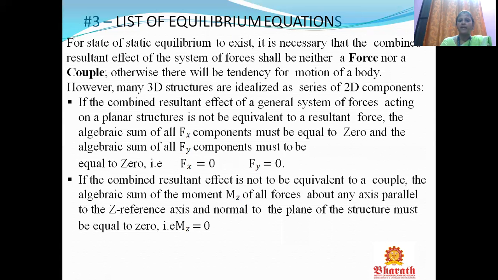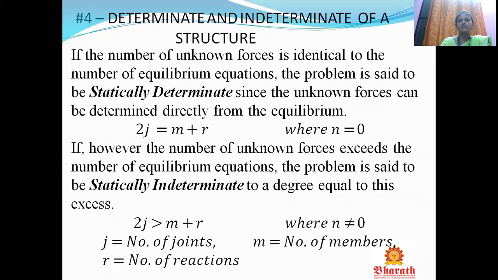Next, if the combined resultant is not equivalent to a couple, the algebraic sum of moments Mz of all the forces about any axis parallel to the Z axis and normal to the structure must be equal to 0. That is Mz equal to 0. So this is about equilibrium equations.